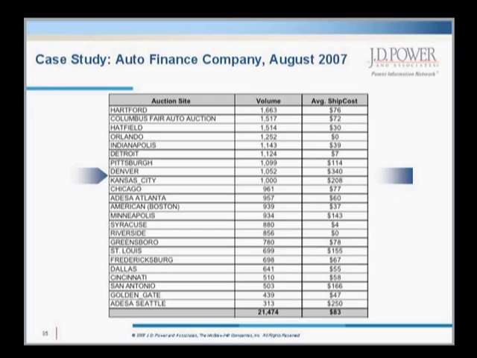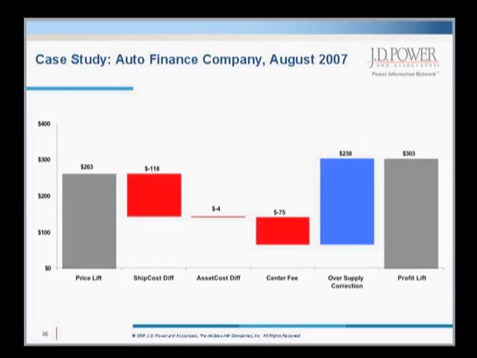So how do we measure the results? And this is the example here for August 2007. It starts with the price lift that comes from the price difference between the auction where the vehicle originated and where it was shipped from. We then have to subtract the cost for the shipping, some of the additional asset carrying costs that have to do with the depreciation, and then some additional administrative cost that is incurred as these vehicles hit these new locations.